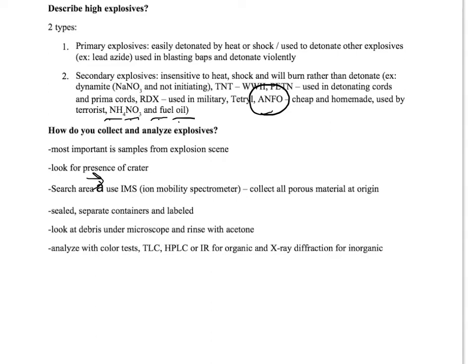Collect all the porous material at the origin, seal it, put it in separate containers, make sure it's all labeled. You look at the debris under a microscope and you rinse it with acetone. Then you can analyze it first using the color test, TLC, HPLC, or the IR, remember the infrared, for organic materials. You use X-ray diffraction for inorganic materials. That concludes our notes on arson.